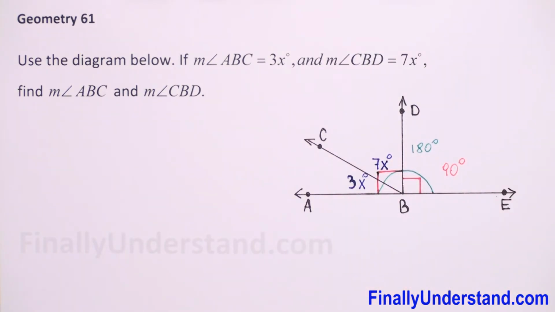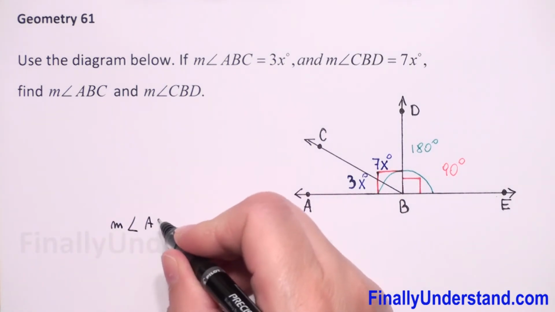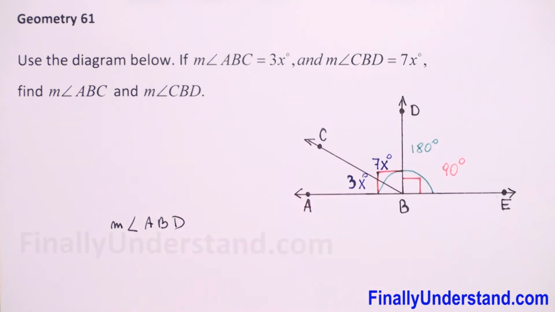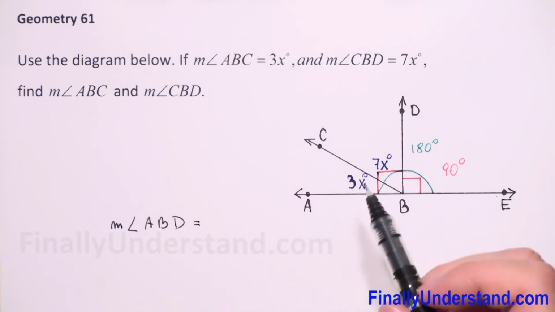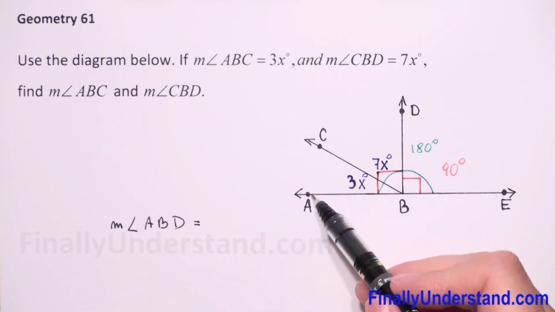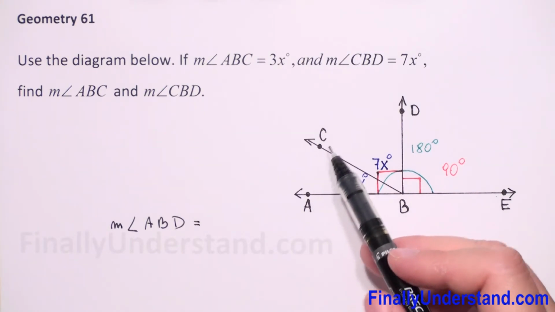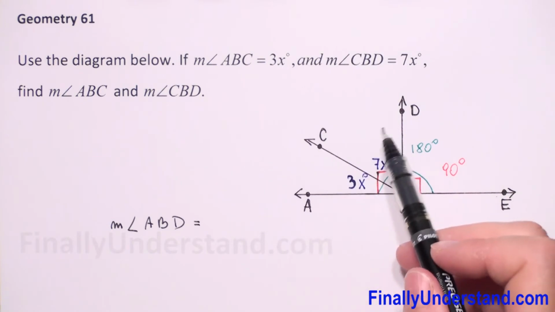So we can write an equation that the measure of angle ABD is 90 degrees, and we can rewrite this angle as the sum of these two angles because point C is an interior point.